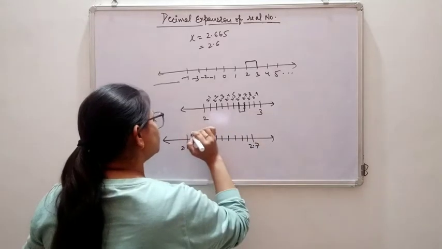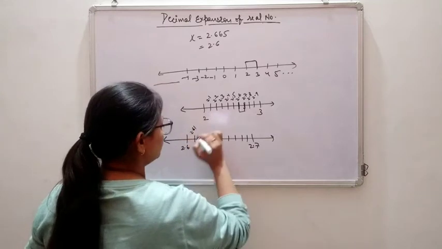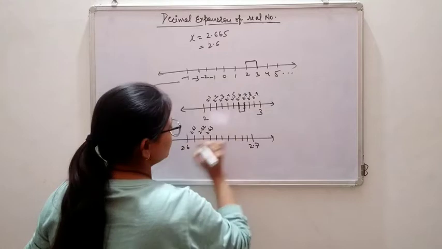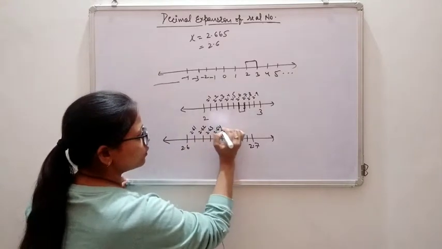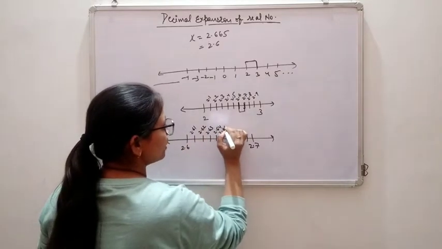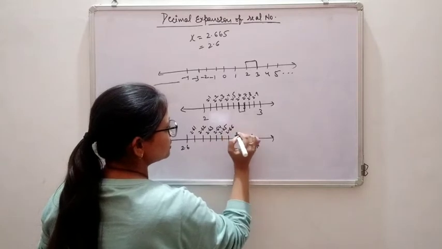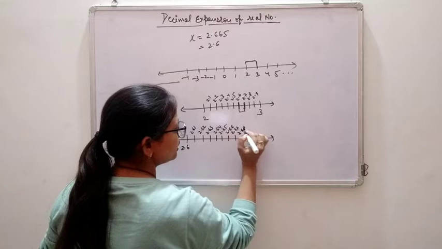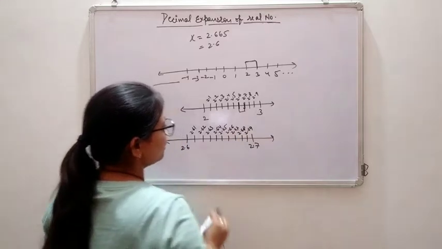And mark it as 2.61, 2.62, 2.63, 2.64, 2.65, 2.66, 2.67 and 2.68 and 2.69, right?